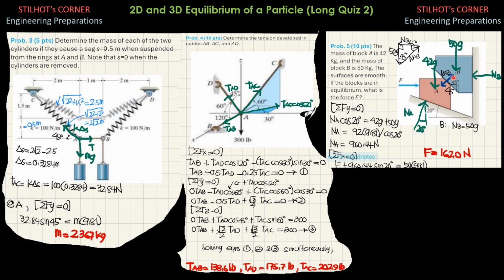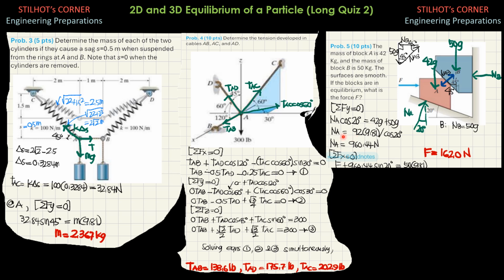Now, NAB is not included because this equation is set up for the free body diagram of the entire system. Remember, for internal reactions, if you draw the free body diagram of the entire system, we do not touch that. So that's why there's no NAB there. It is in equilibrium by itself.